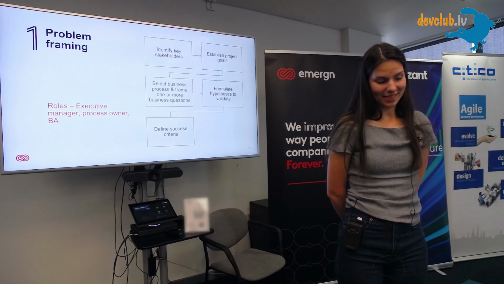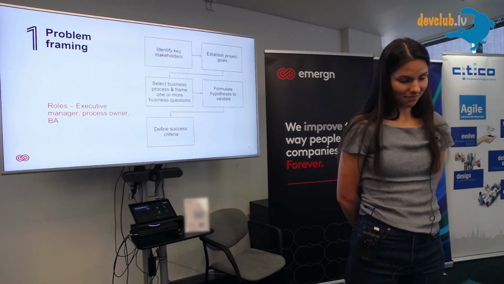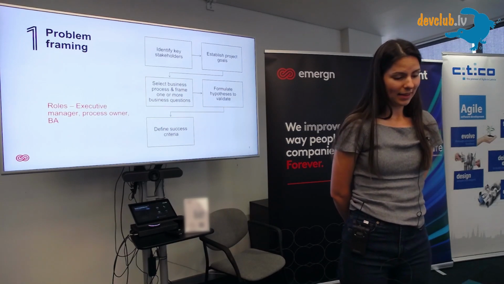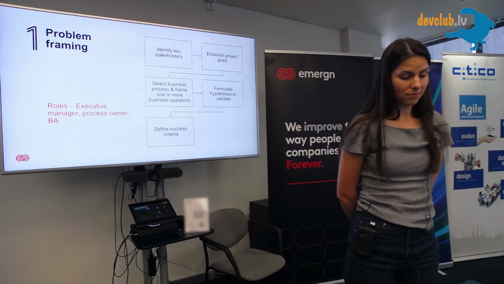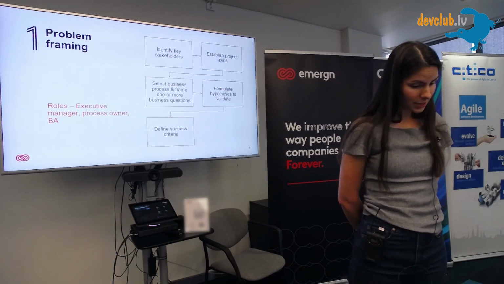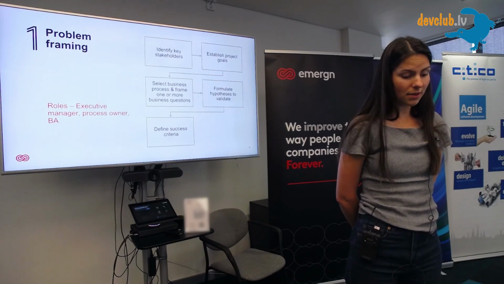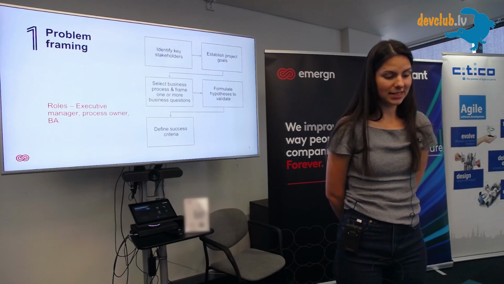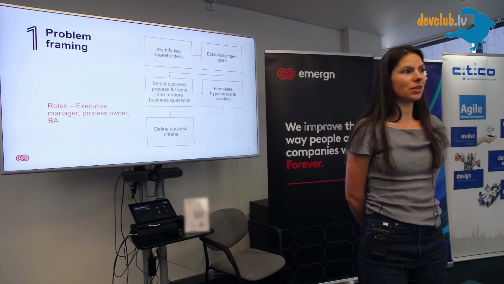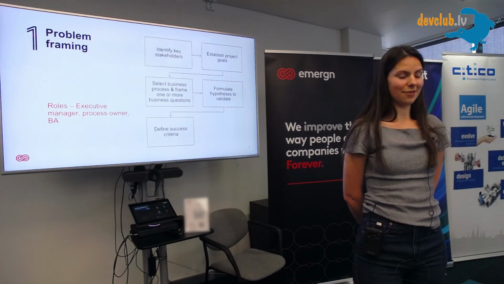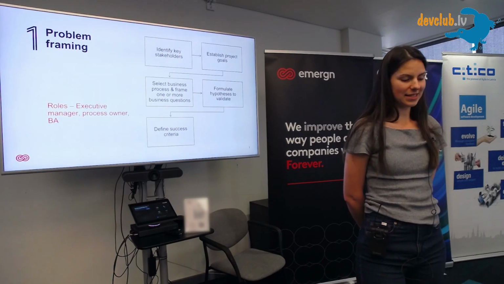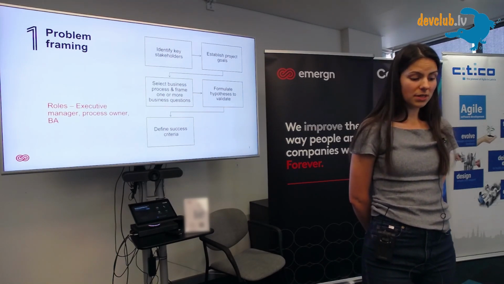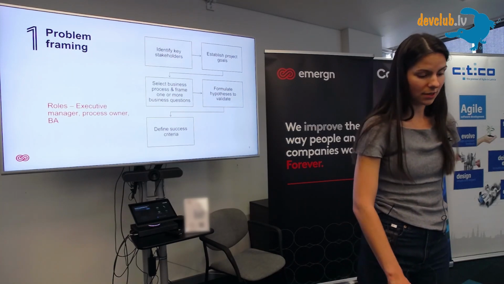And then comes the business process selection part, with framing of questions, hypotheses to validate, and the last part is about success criteria. Usually the people involved in this first stage of a process mining experiment are process owners, business analysts, as well as executive managers.